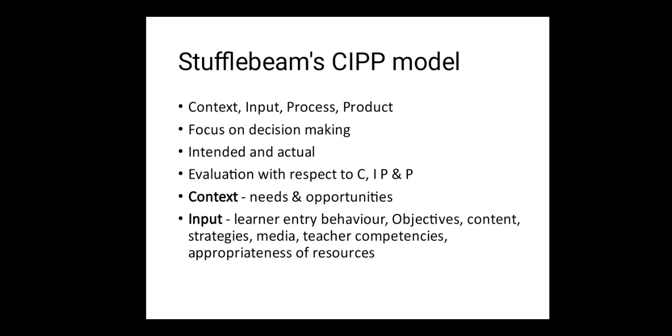When we talk about curriculum, it is a sum total, not a process or product alone. So Stufflebeam proposes a model which includes four major aspects of curriculum, such as context, input, process, and product.